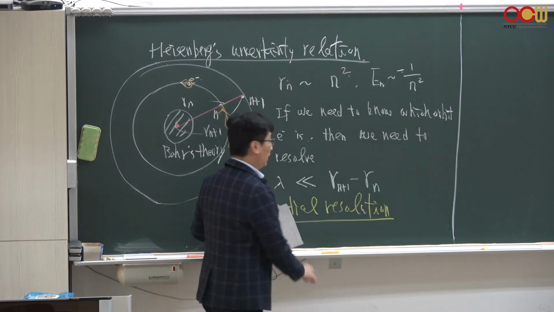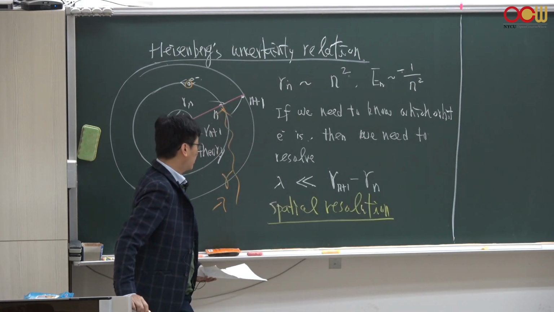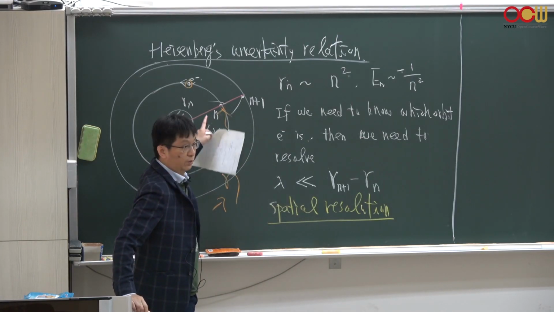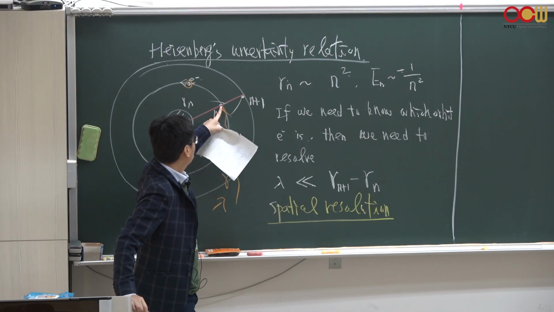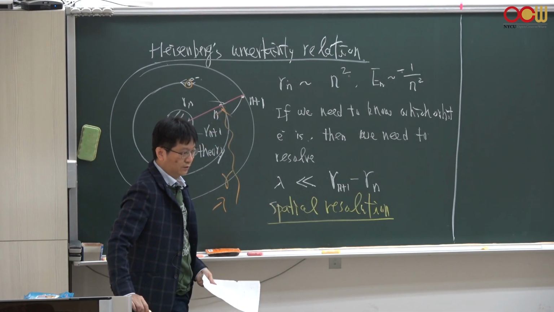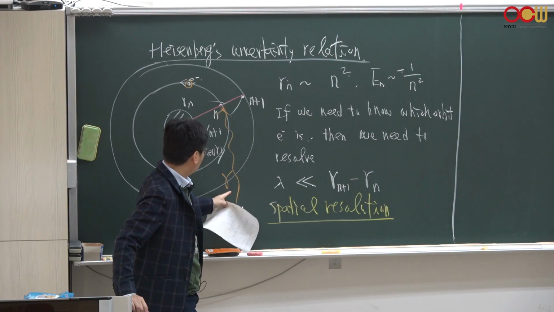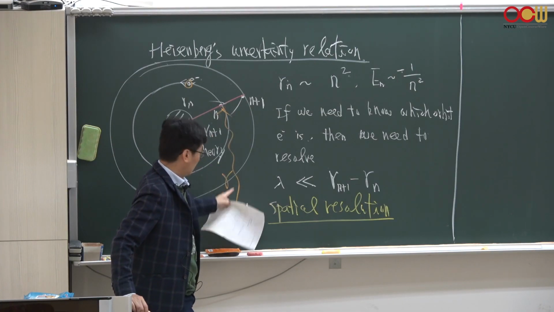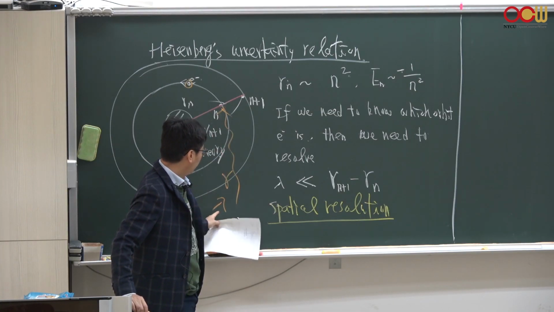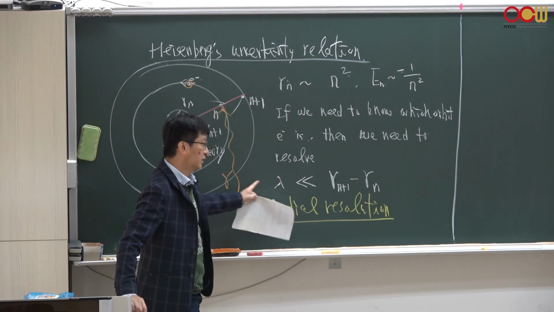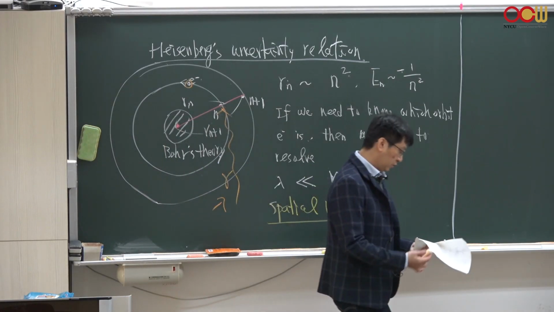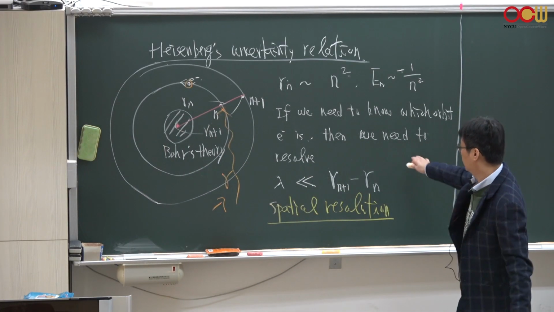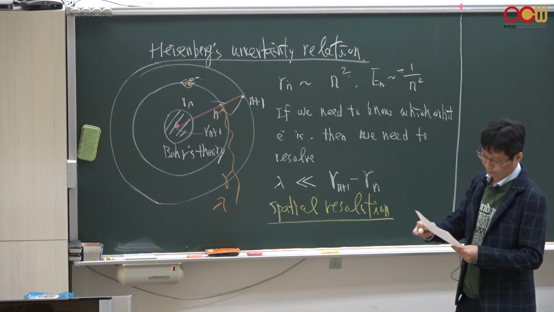So you need a much better spatial resolution to see whether this electron is in the nth orbit or the n plus 1 orbit. So if you hit these electrons with light carrying wavelength lambda, this lambda must be much shorter than the difference between these two Bohr radii.